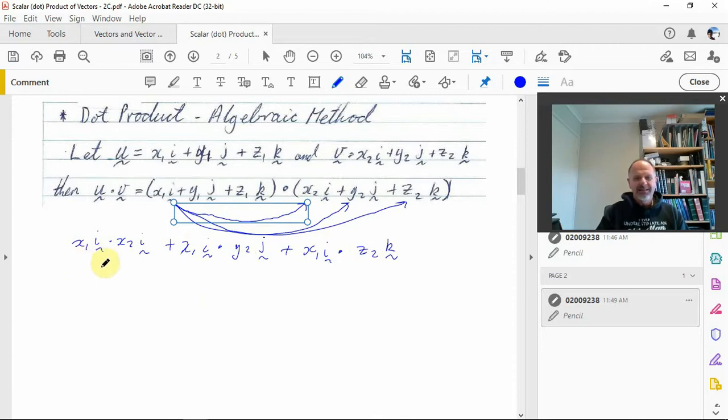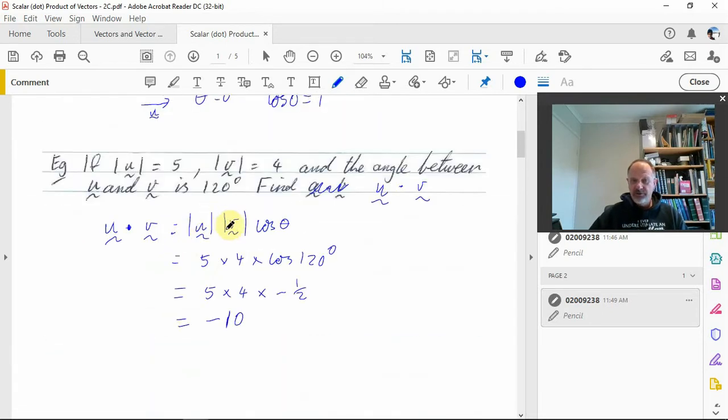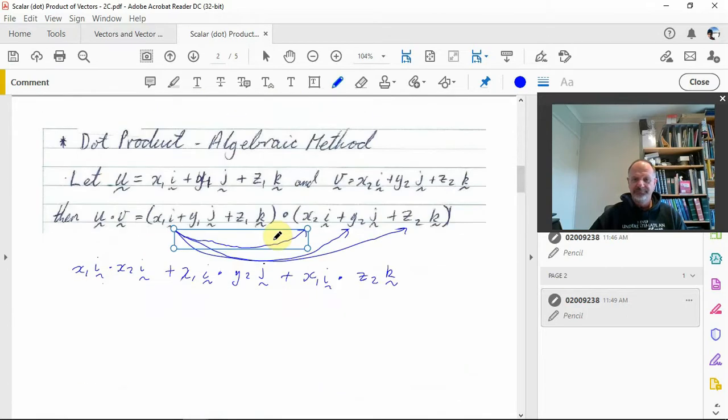Now, when we go to using our definition, the magnitude of u times the magnitude of v times the cos of the angle in between them, remember the i, j and k are unit vectors, and we use them for direction. So the magnitudes we're talking about here are x1 and x2, and the cos of the angle in between them, cos of 0. Here, x1 and y2, and the angle in between them, i and j.